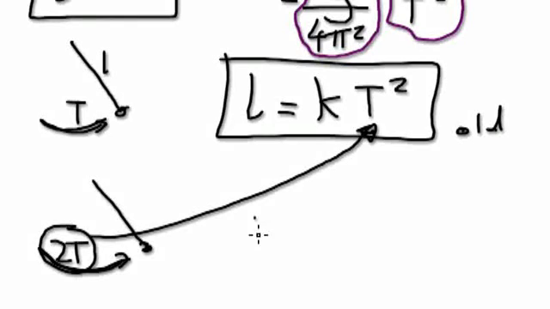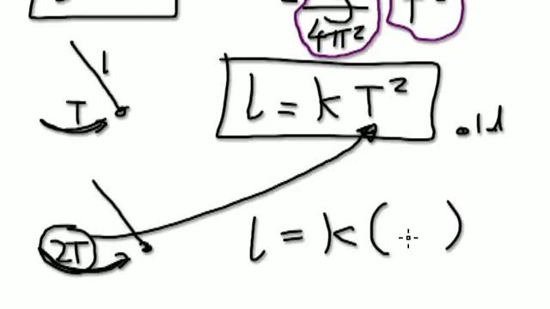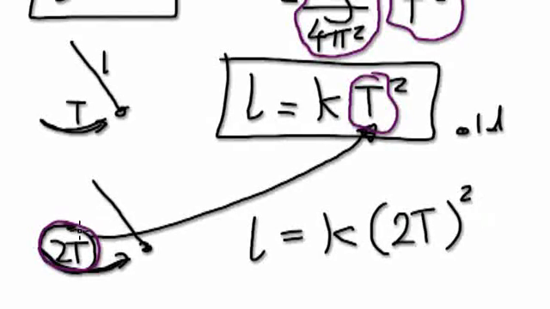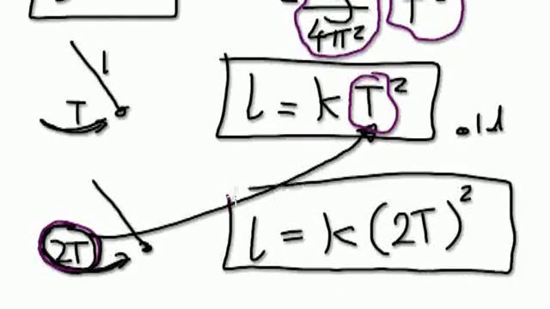In our new system, the length of the string equals k, and we are putting 2t into this t here, because at the moment it's t squared, but our new time will be 2t. So this is our new system.